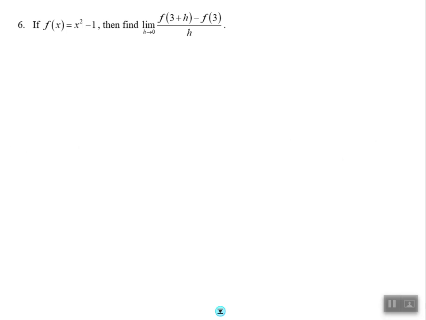Lastly, we have: if f of x equals x squared minus 1, then find the limit as h approaches 0 of f of 3 plus h minus f of 3 divided by h. This is called the difference quotient.